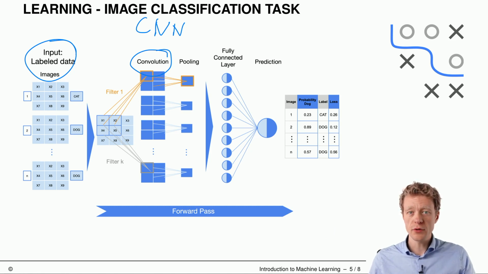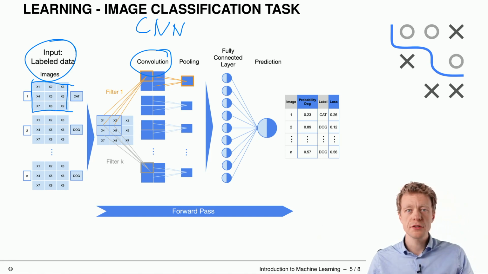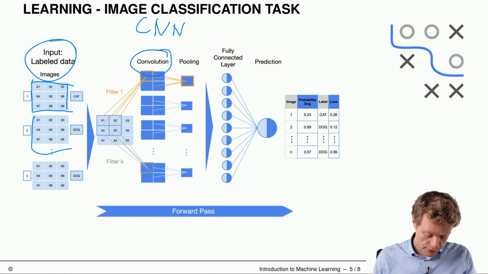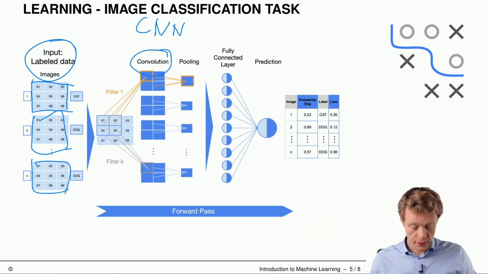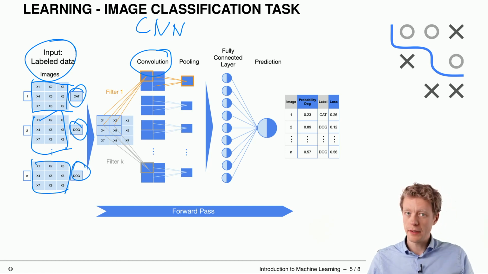Well, you have those red, green and blue values for each pixel, or perhaps just a gray scale for each pixel. So let's say this is one image, just 9 pixels, a 3 by 3 image, gray scale, so we just have 9 numbers here. And then we have several images in the data set, and for each image we have the true label, which we need for training, of course.